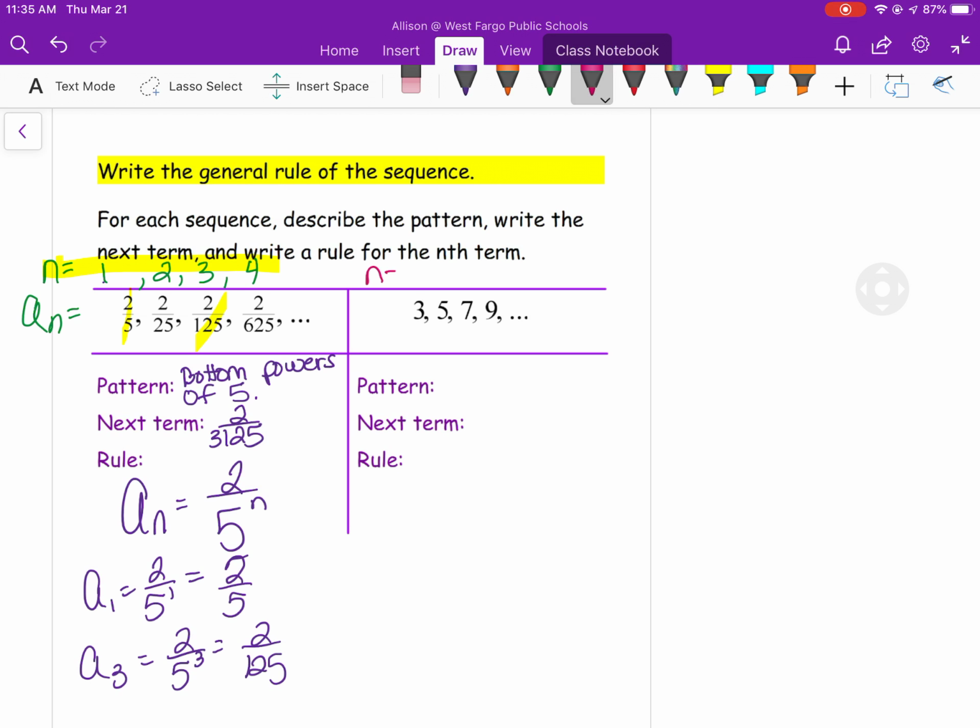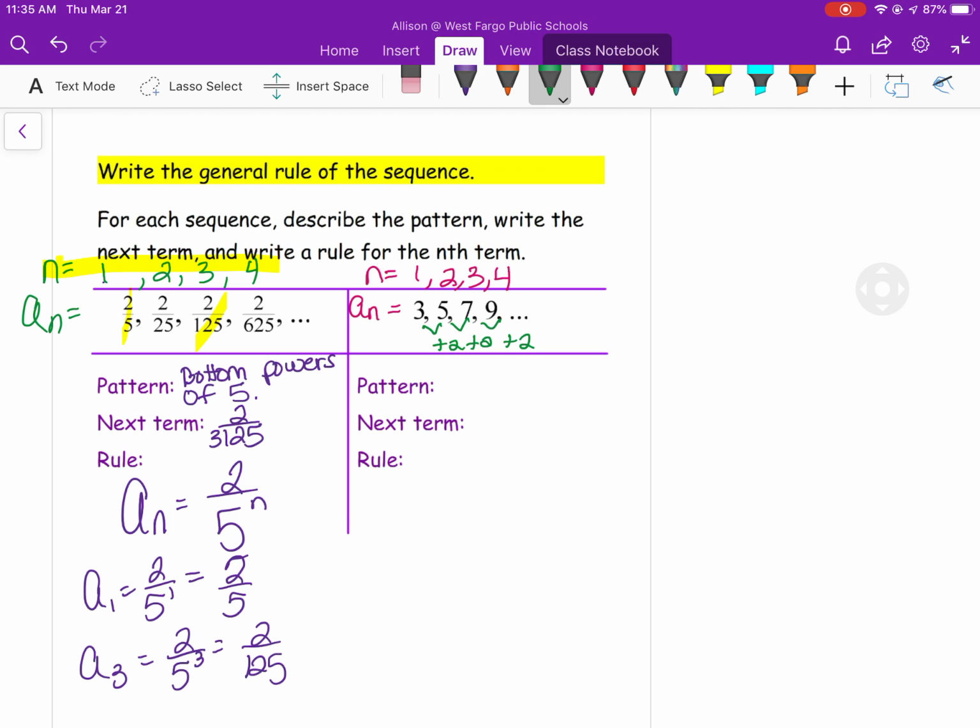So over here, if n equals 1, a sub n equals 3. If n equals 2, a sub n equals 5. N equals 3, a sub n equals 7. If n equals 4, a sub n equals 9. Now you might be thinking that you're adding 2 every time, and if you're using the previous term, it is plus 2.